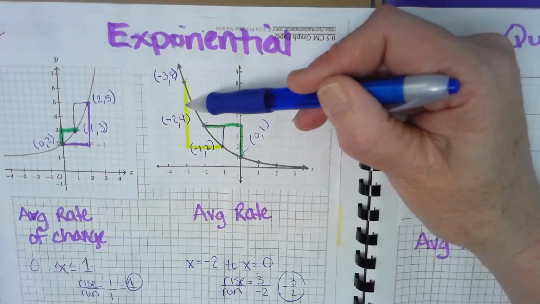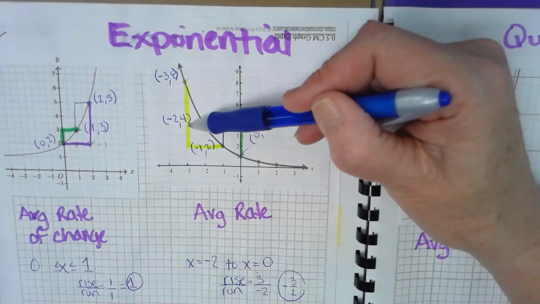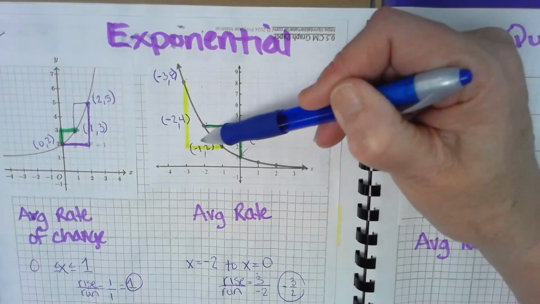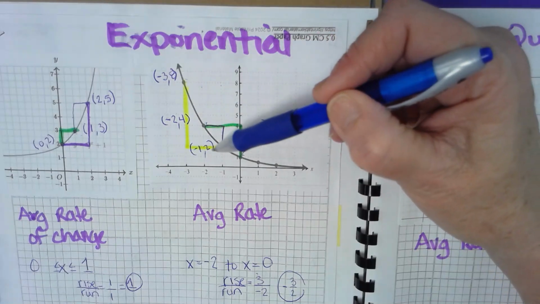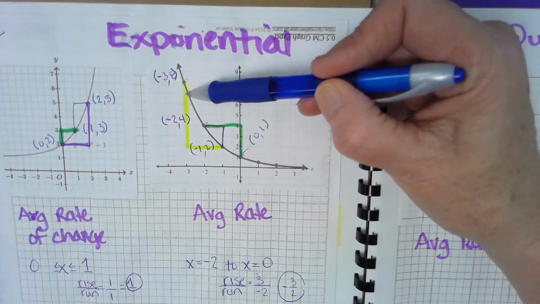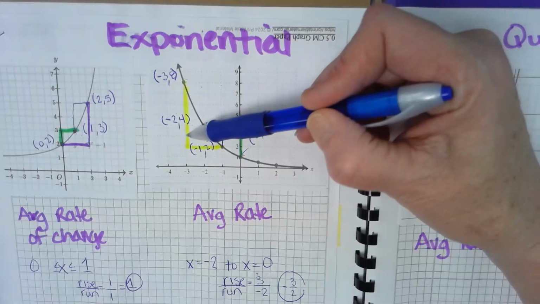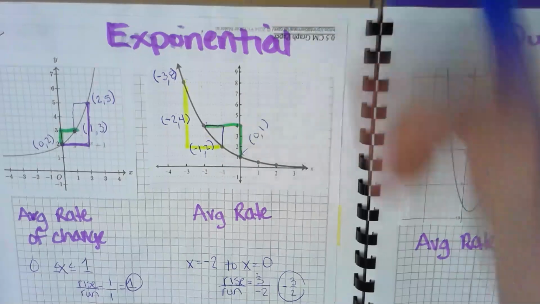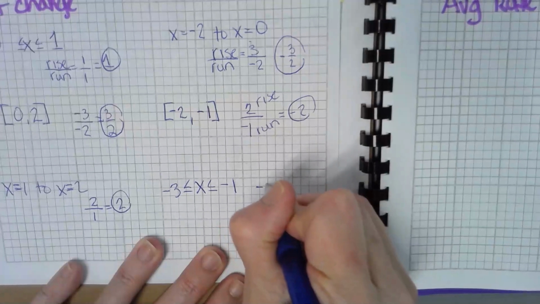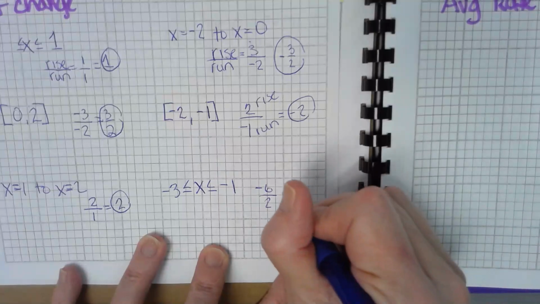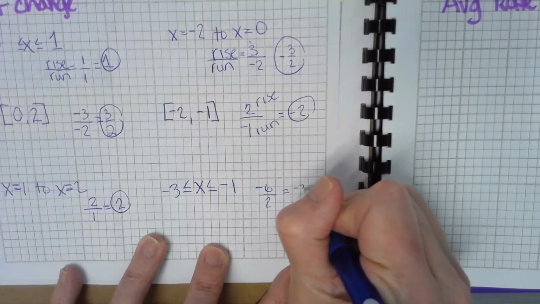Down, 1, 2, 3, 4, 5, 6. And to the right, see, I'm having trouble. 1, 2. So I'll count again for you. Down, 1, 2, 3, 4, 5, 6. To the right, 1, 2. Down 6 over 2. And when I simplify that, what do I get? -3.